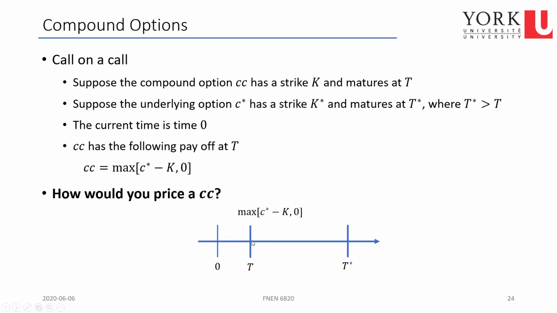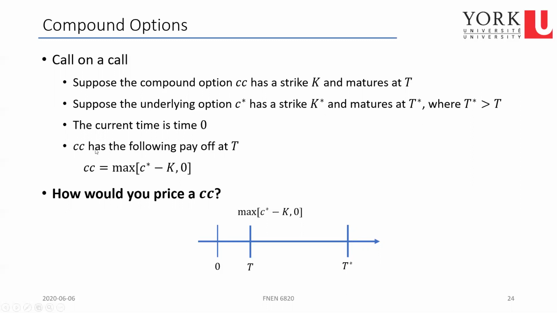So we denote that underlying call as C star. And obviously that C star has a strike as well, K star. Now this K star is really for the stock price. So C star will have a positive payoff if the realized stock price at T star is greater than K star, okay?